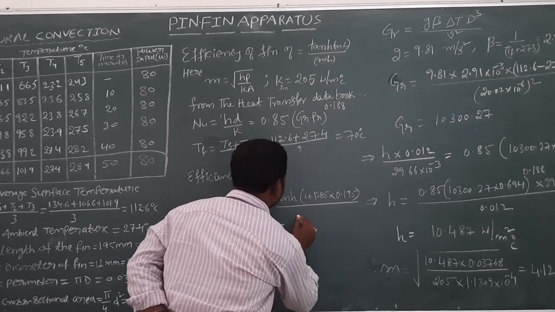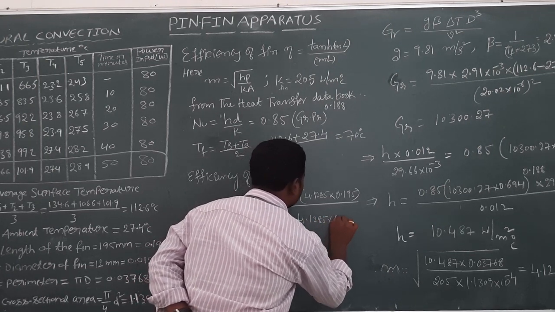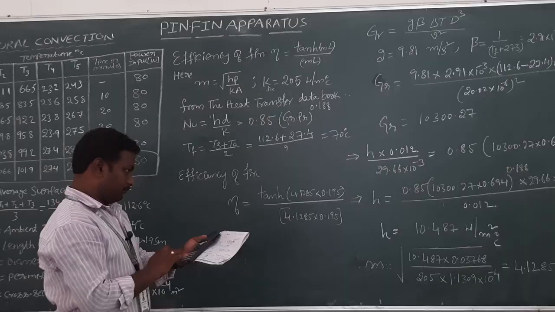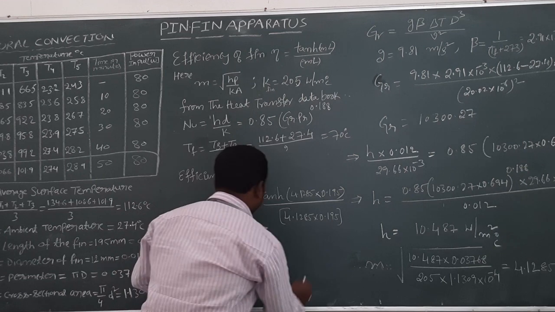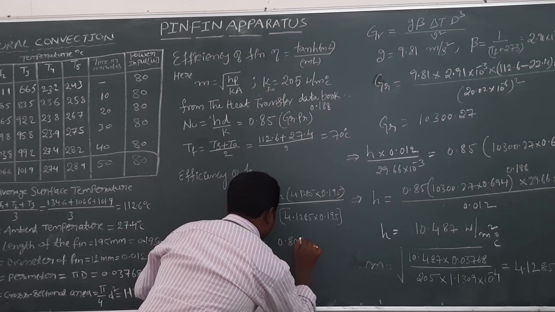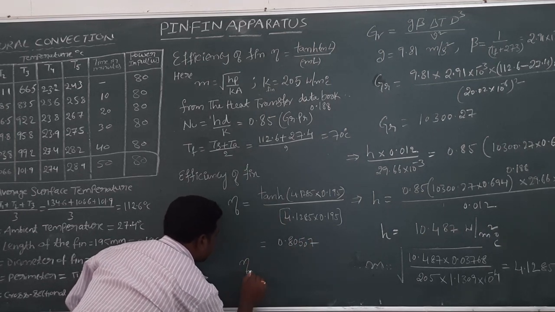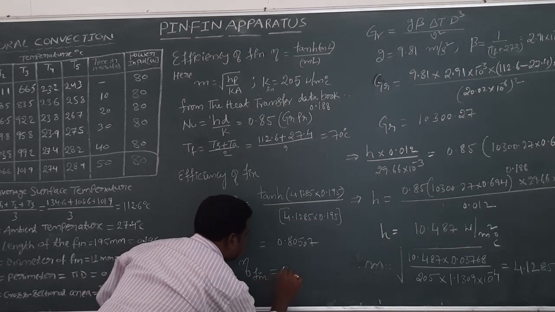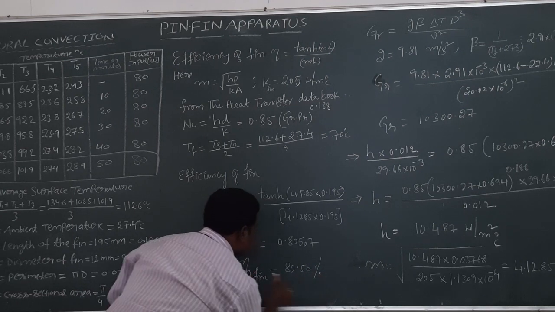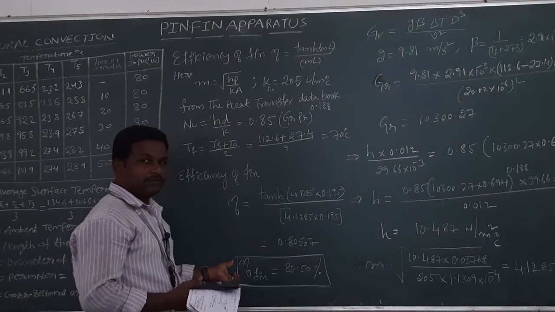So mL is 4.1285 into 0.195. Calculate this value: 0.80507. So efficiency of fin equal to 80.5 percent. This is the efficiency of the fin.